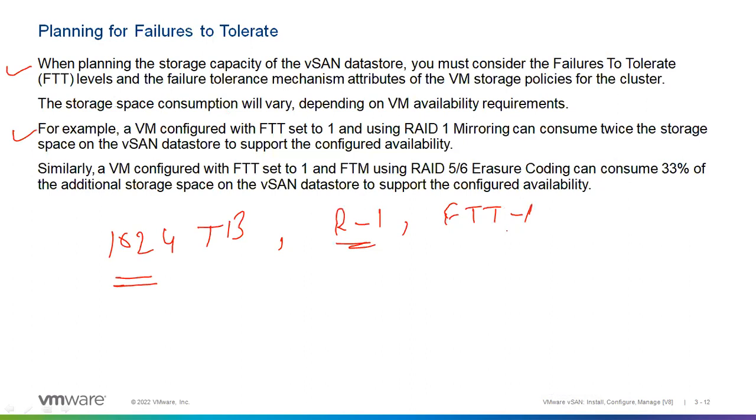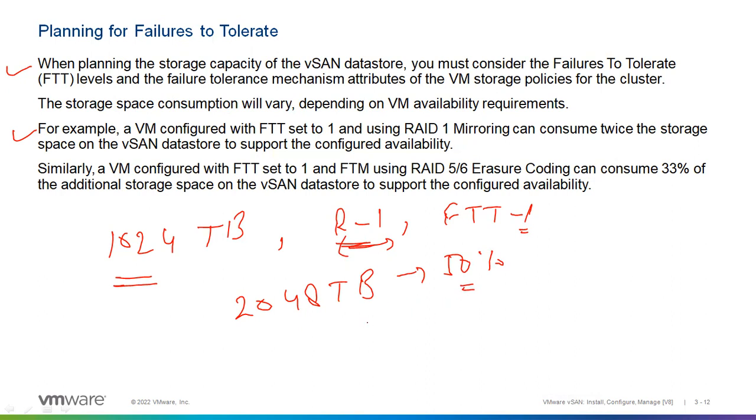So it means that with RAID 1, I'm going to get 50% of storage. So out of that, I have to plan the raw capacity as 2048 TB, because RAID 1 itself gives me 50% usable. Correct? Agree? Yes, sir. Especially for the VMs.